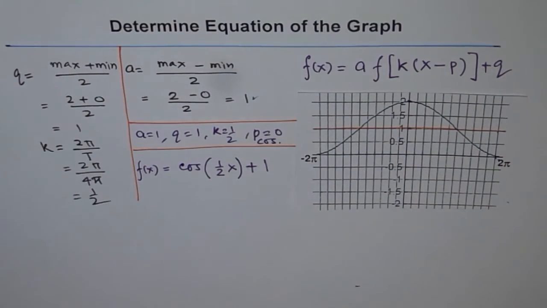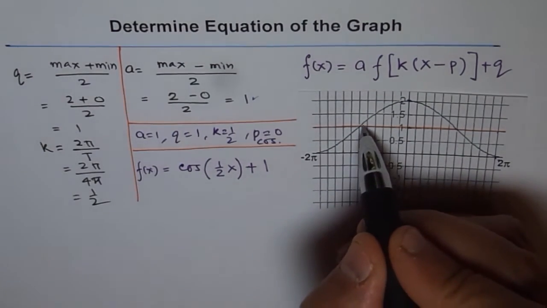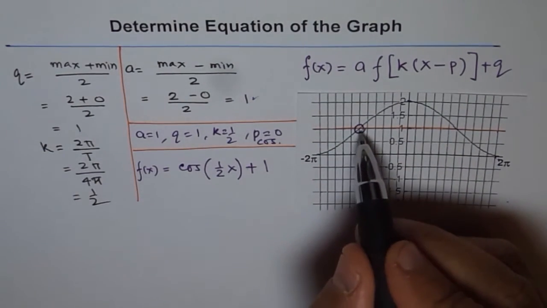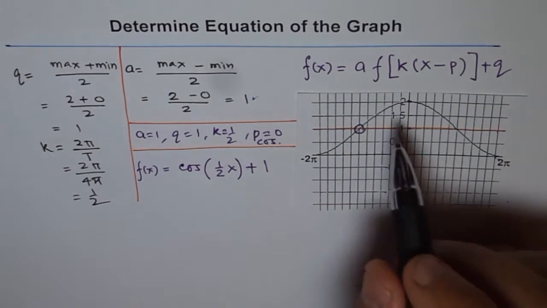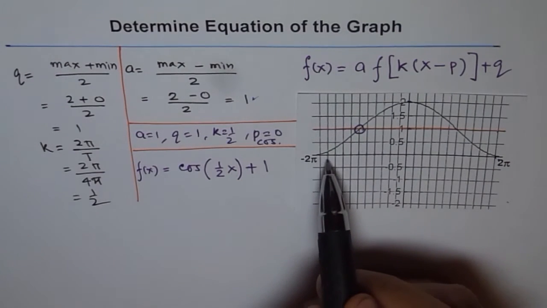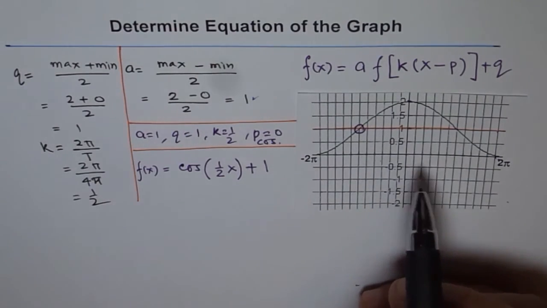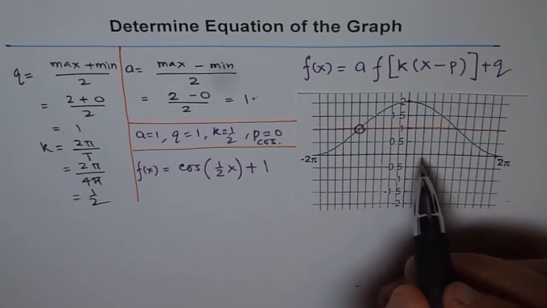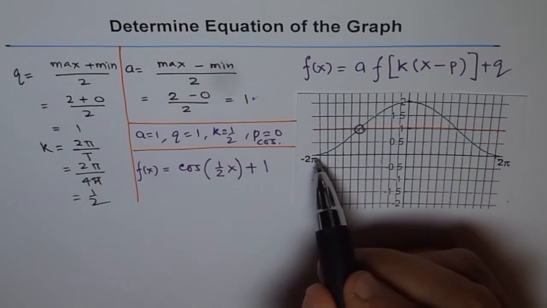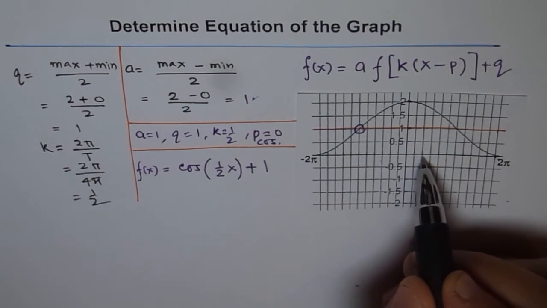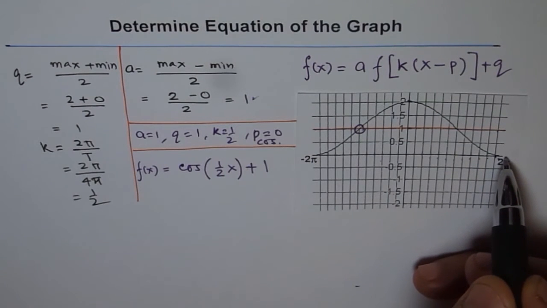Plus 1, right? If you have to write this as a sine function, then you see the sine function actually starts from here. So how many units is this from the y-axis? Let's see the divisions. How many divisions do we have? 1, 2, 3, 4, 5, 6, 7, 8, 9, 10, 11, maybe 12.